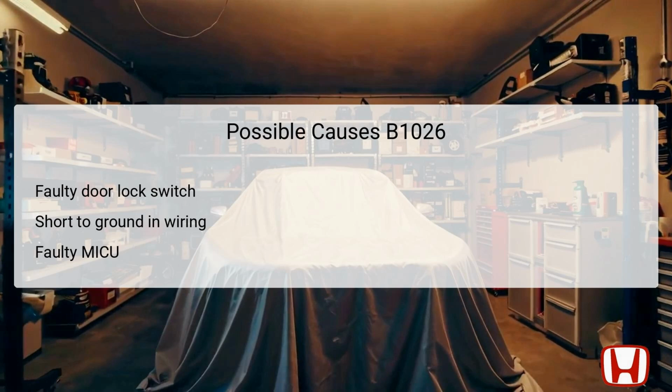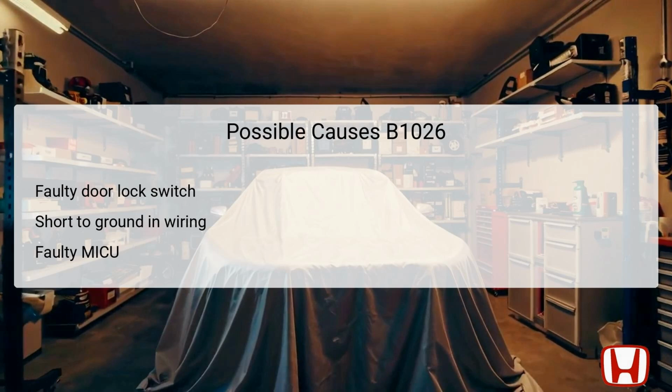A primary suspect is a faulty door lock switch itself. If this switch is defective, it will not send correct signals to the MICU, thus causing a malfunction. Another cause to consider is a short circuit in the wiring between the door lock switch and the MICU.